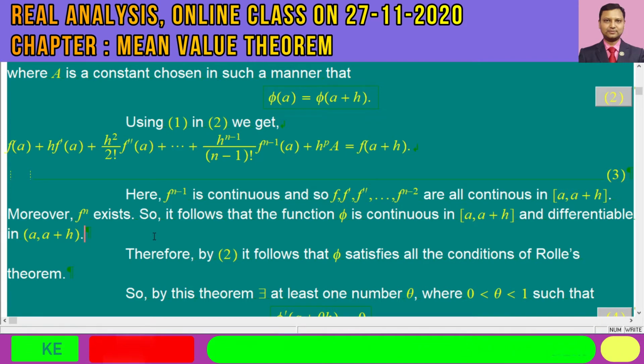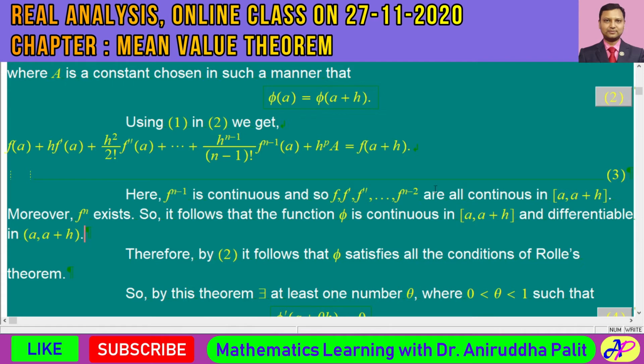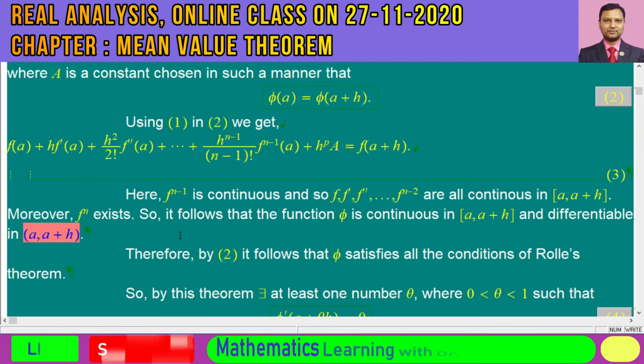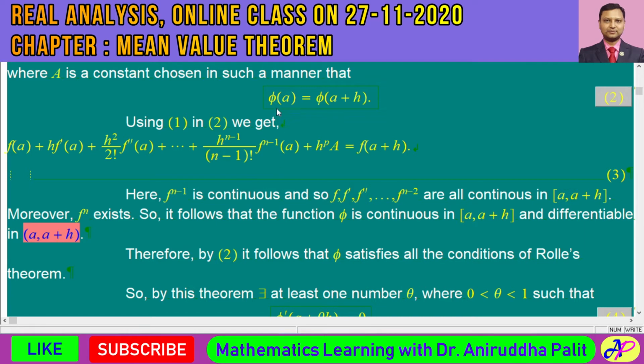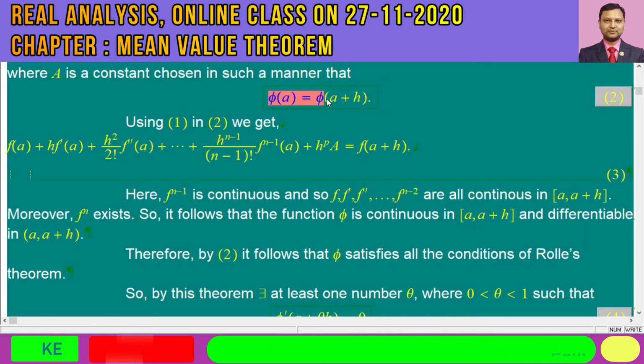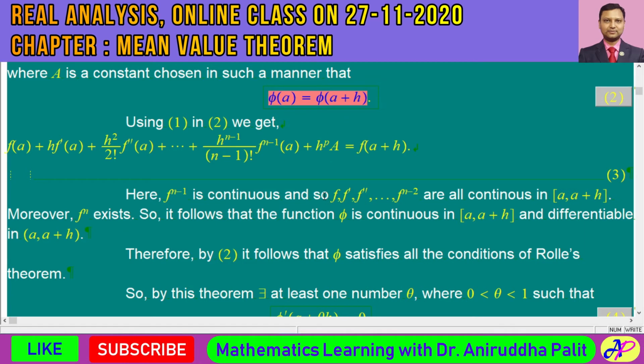So we have the result that phi is a continuous function in the closed interval a comma a plus h, and it is a differentiable function in the open interval a comma a plus h, along with the fact that phi of a is equal to phi of a plus h. So we can say that phi satisfies all the conditions of Rolle's theorem.